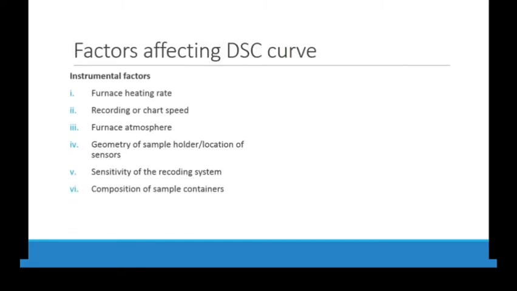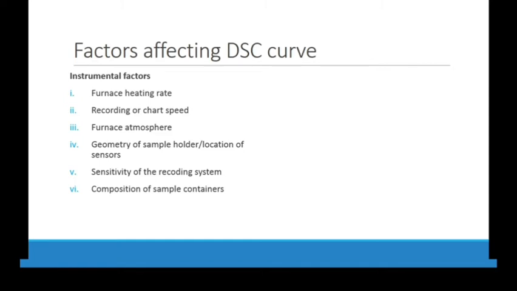So what are the different factors which can affect your experiment? First of all, instrumentation factors. What are instrumentation factors? Furnace heating rate. It might be possible that your furnace is not heating properly. Recording or chart speed, and furnace atmosphere. Geometry of sample holder or location of sample.